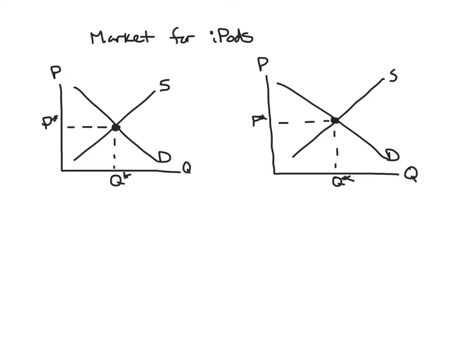So starting with the surpluses in the semiconductor industry, what would be the effect on iPods? Well, if there's a surplus in the semiconductor market, then that's going to drive down the price of a semiconductor, right? Whenever we have an excess supply or a surplus of something, that item tends to become cheaper as sellers try to push their inventory that's just sitting in the stores.